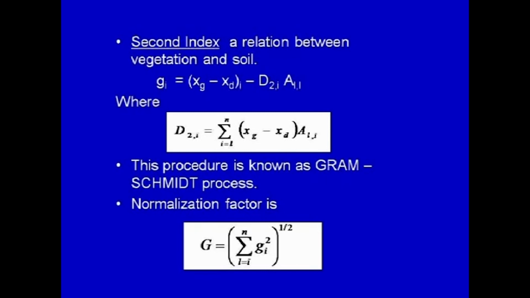where D2I is the difference of the green vegetation minus the dry soil multiplied by the coefficients of the brightness, and we take the sum of this. This procedure is known as Gram-Schmidt's process.